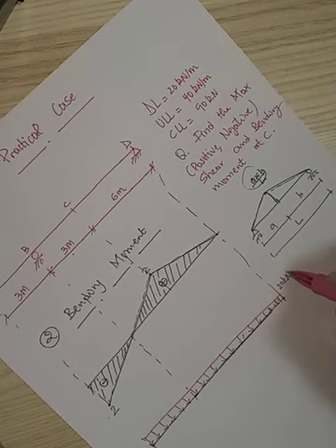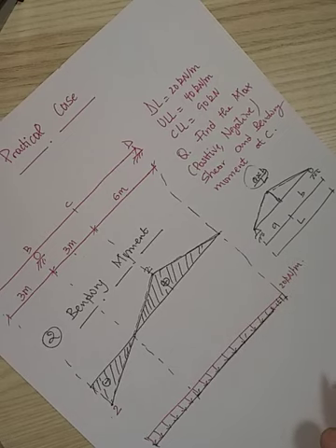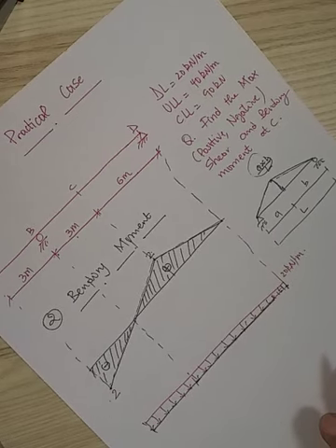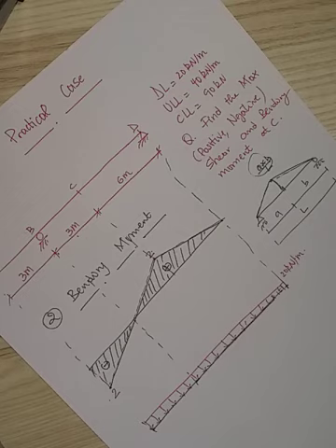Now we know that we are finding the maximum positive bending moment. So we're gonna apply the live load only on the positive portion so that we can find the maximum positive bending moment.